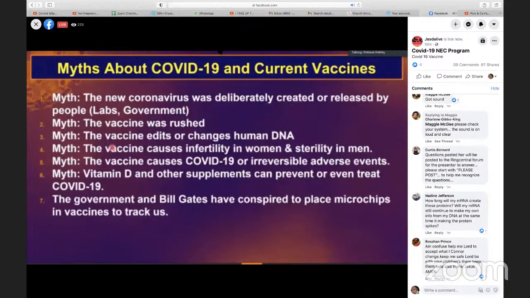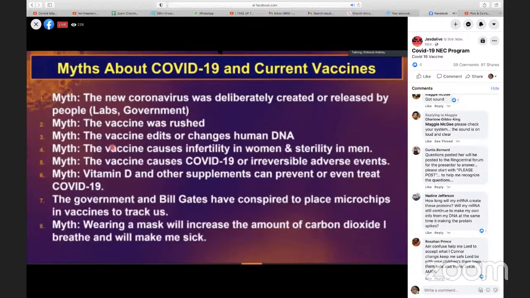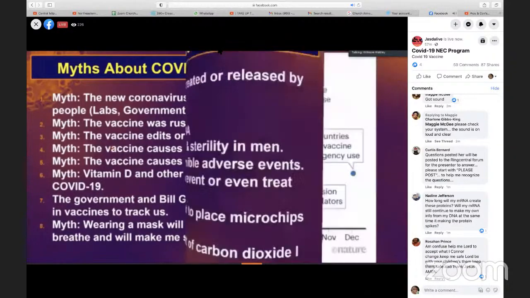How would you ensure that microchips are in every dose of less than a half a mil that you're putting into a dose? And that wearing masks will lead to buildup of carbon dioxide that can be bad for your health. Remember, carbon dioxide is a gas. It diffuses very readily through whatever mask you're wearing right now. So that also is a myth.